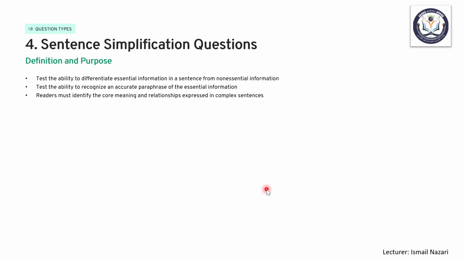As you have mentioned, the sentence simplification question is a reading question which asks us to choose the answer choice which gives the same information as the highlighted sentence in the text. Basically, there is a sentence given in the passage. Then we are provided with four multiple choice answers.